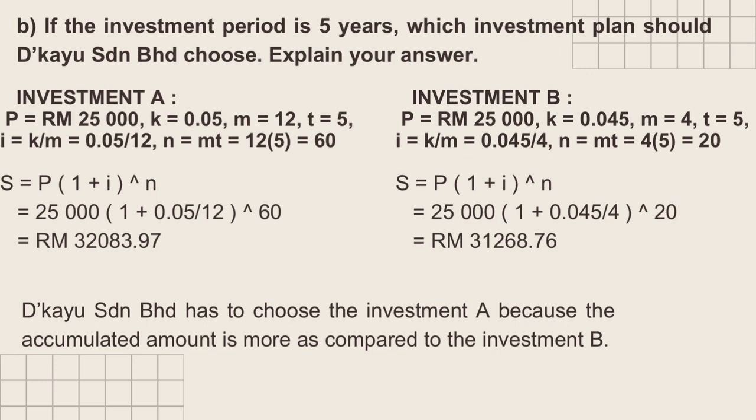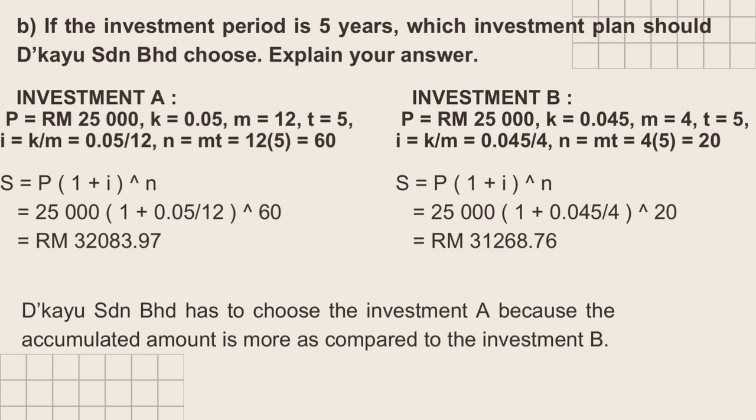We will use S equal to P times 1 plus I to the power of N. So 25,000 times 1 plus 0.05 divided by 12 to the power of 60. We will get RM32,083.97.